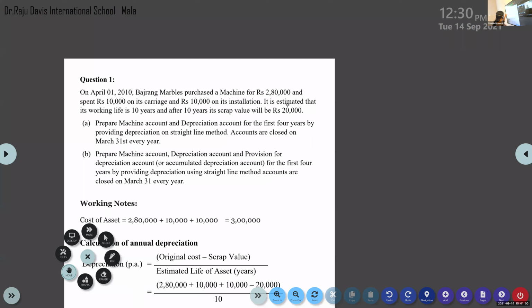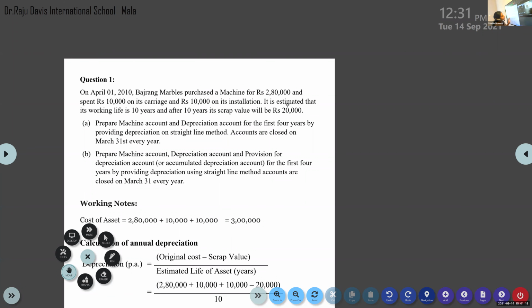Then you are also asked to prepare the same machinery account, depreciation account, and provision for depreciation account for the first 4 years by providing depreciation using again straight line method.